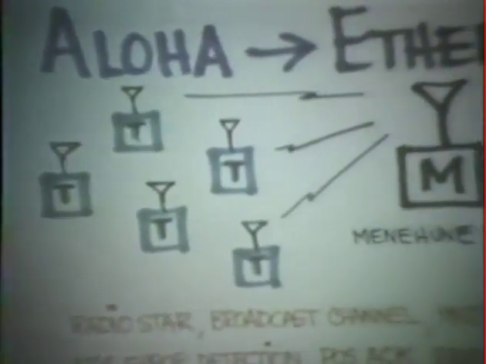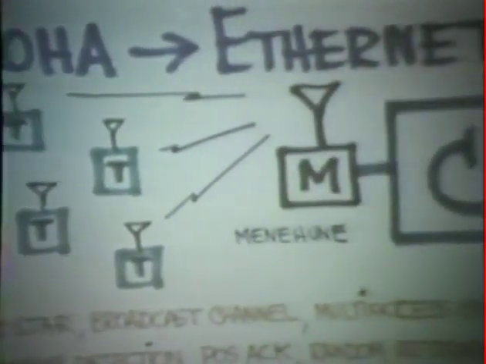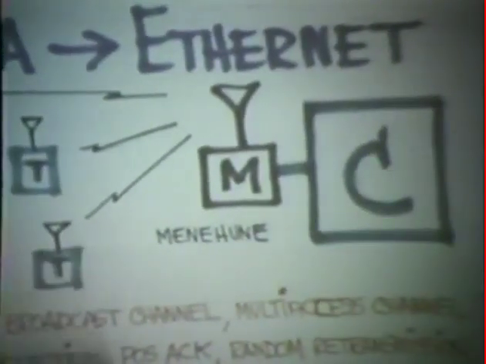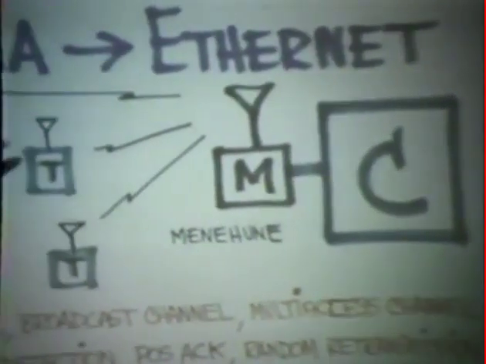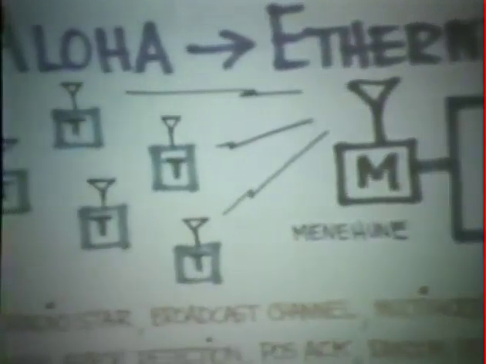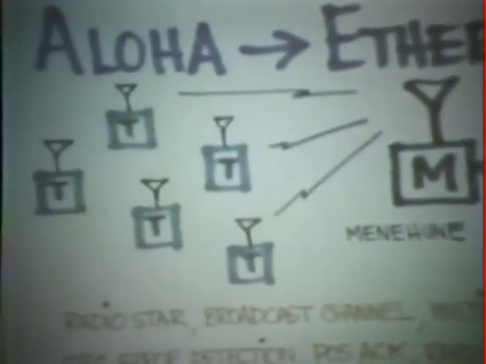The idea here was that because these terminals would be remotely distributed through the islands and on moving ships, it would be difficult to run cable between them and the 360.